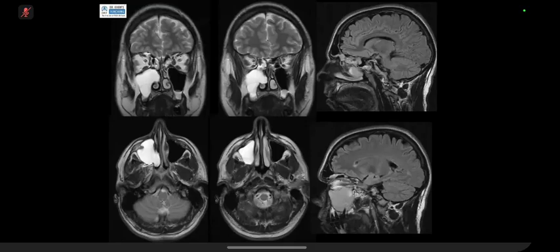And it looks like the epicenter of the lesion is within the maxillary sinus, and from there it has extended into the ethmoid sinus. So one of the differentials here, I'm thinking, could this be due to inverted papilloma? But I would like to see if there is any CT for this patient.